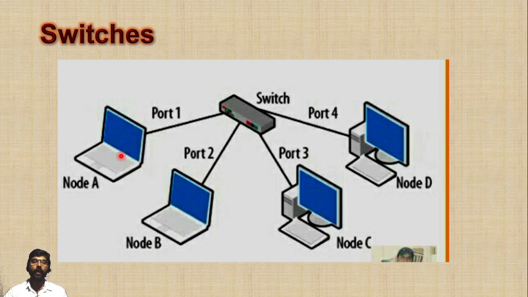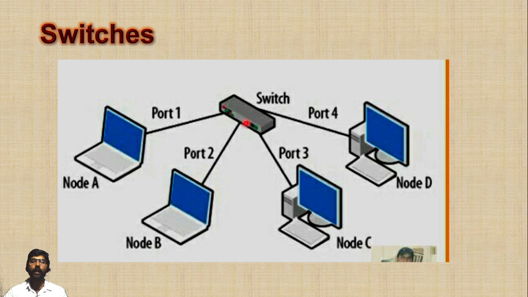Assume that node A sends data to node C. The data transfer from node A reaches the switch at port 1 in the form of a data frame.